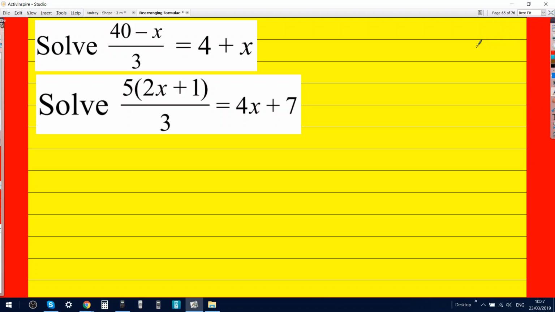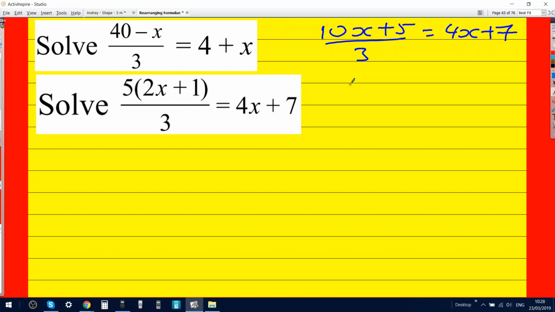How would you do the bottom one? So you would expand it, so it'd be 10x plus 5 divided by 3 equals 4x plus 7. Would you have to eliminate the 4, so would it be 5? No, it'd be 6x plus 5 divided by 3.